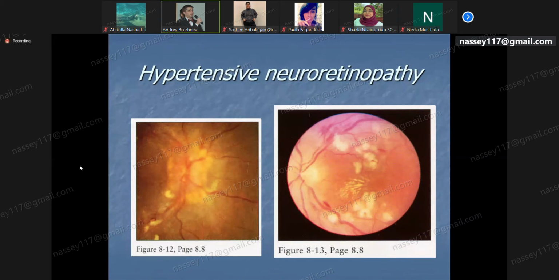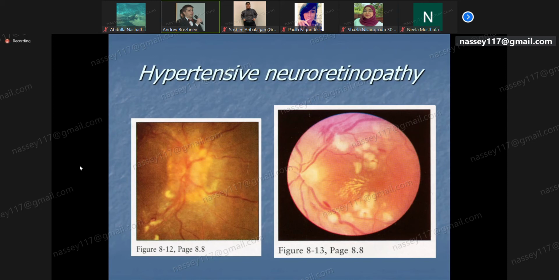And the final stage may be atrophy, like in the right photo, atrophy of the optic nerve disc, when the disc is pale instead of pink. You see a small amount of blood vessels near the disc and on the surface of the disc. This is the final irreversible part of the disc damage.